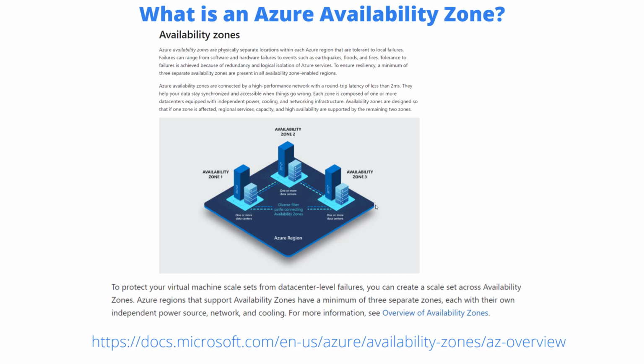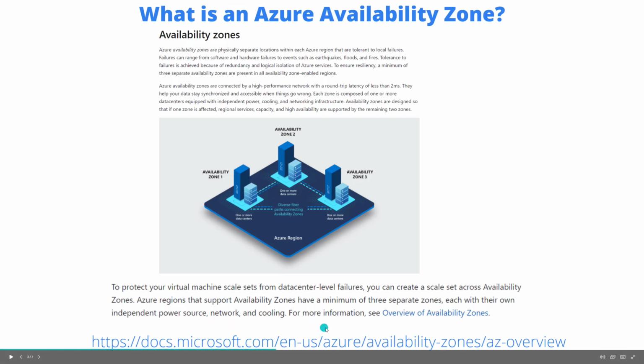What is actually happening when you deploy a resource and enable availability zones is that you are creating a scale set across those availability zones: zone 1, 2, and 3. That means when you provision these resources, you're essentially provisioning at least 3 of those specific instances, and that gives them independent power, network, and cooling.